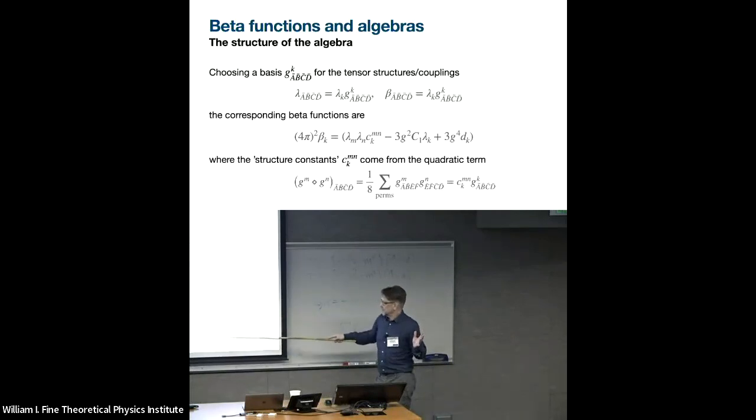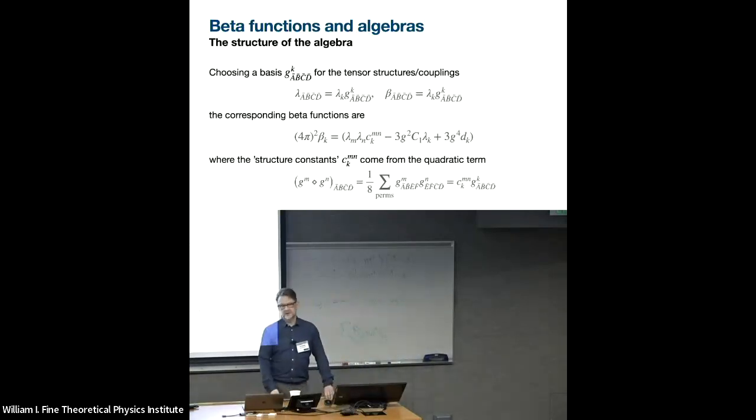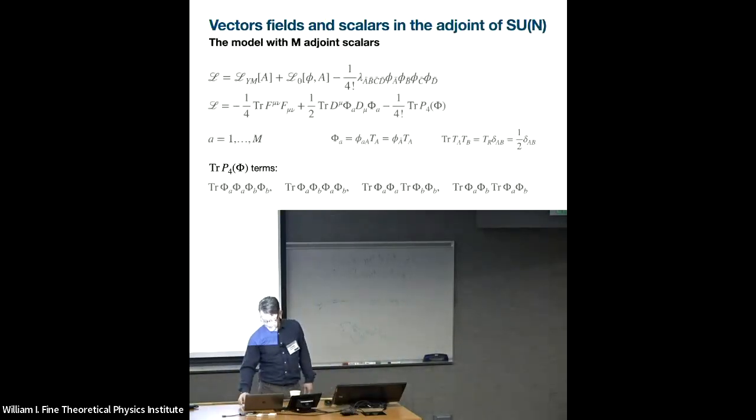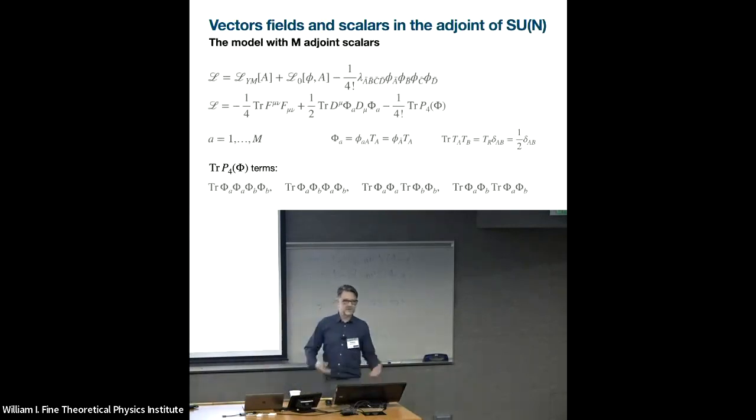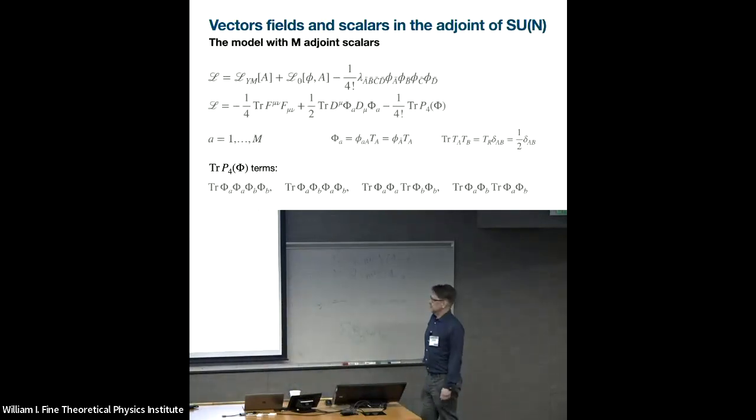They all can be extracted from this product. So now the task is to do this, get the beta functions, and look for the RG flow.